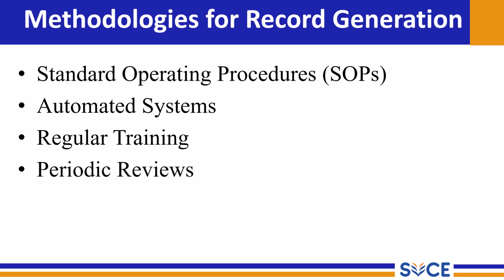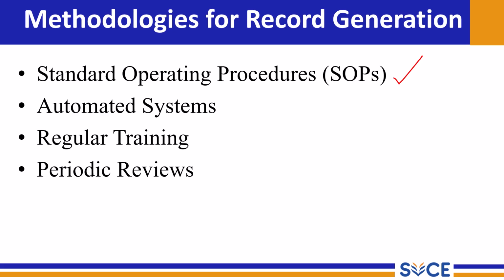Okay, what about standard operating procedures? An SOP is establishing clear procedures for record generation, which helps to ensure consistency and accuracy across the organization. This SOP should outline the process for data collection, documentation, and storage.